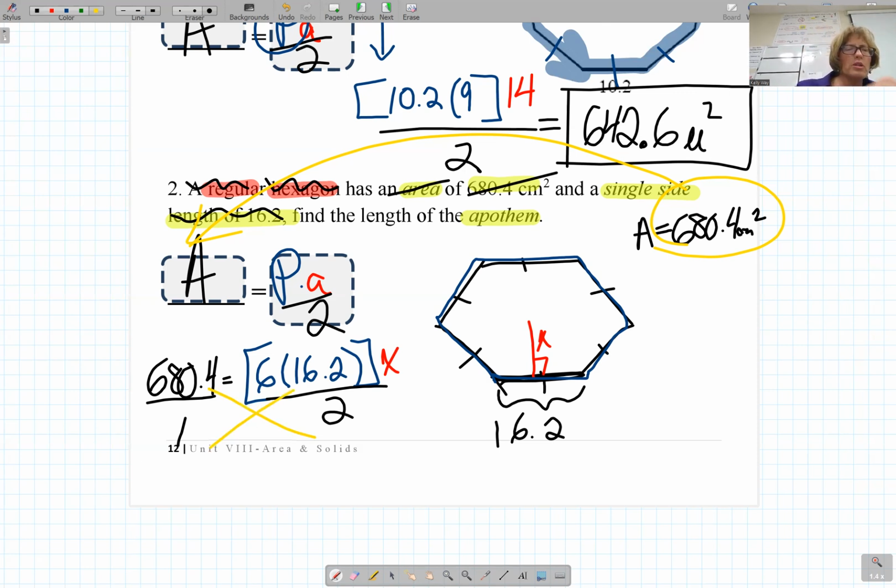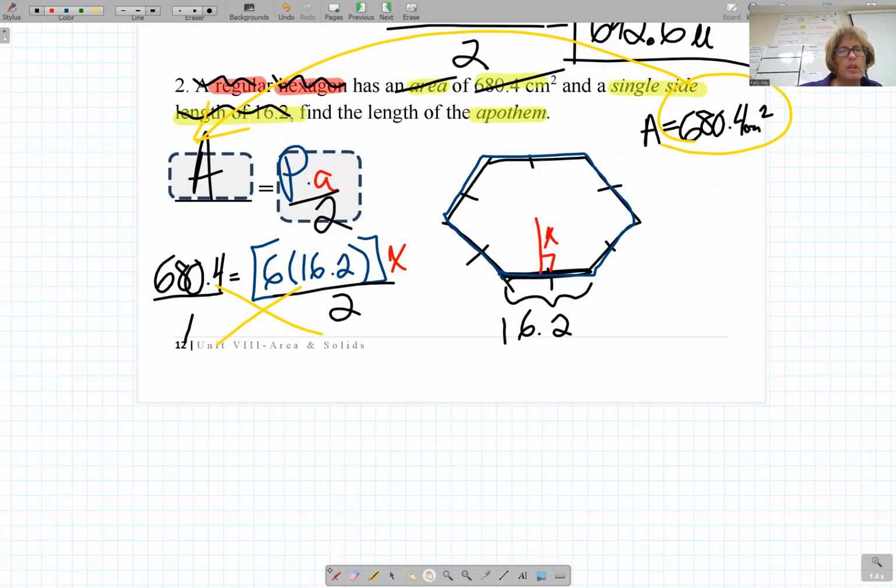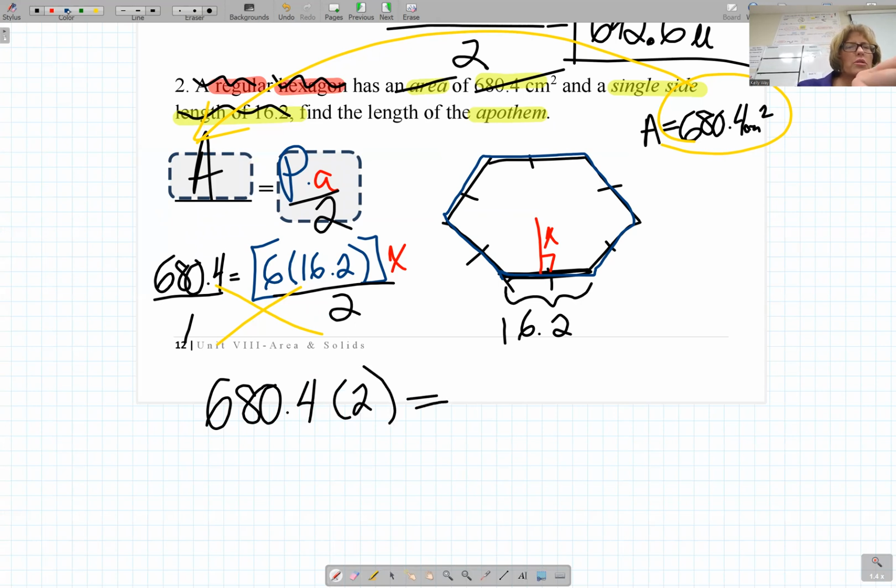So we're going to cross multiply. 680.4 times 2 equals 6 times 16.2 times X. You're like, Miss White, why didn't I multiply? Because the key to multiplying is not to multiply. It's to factor.